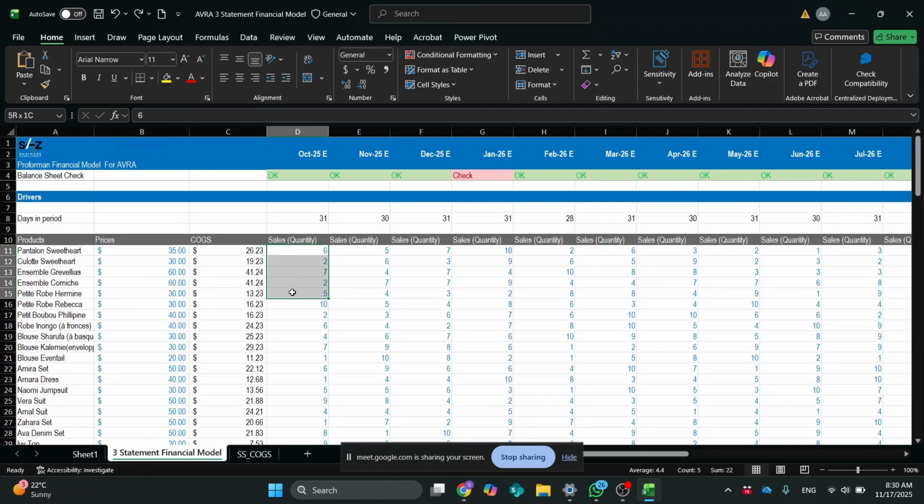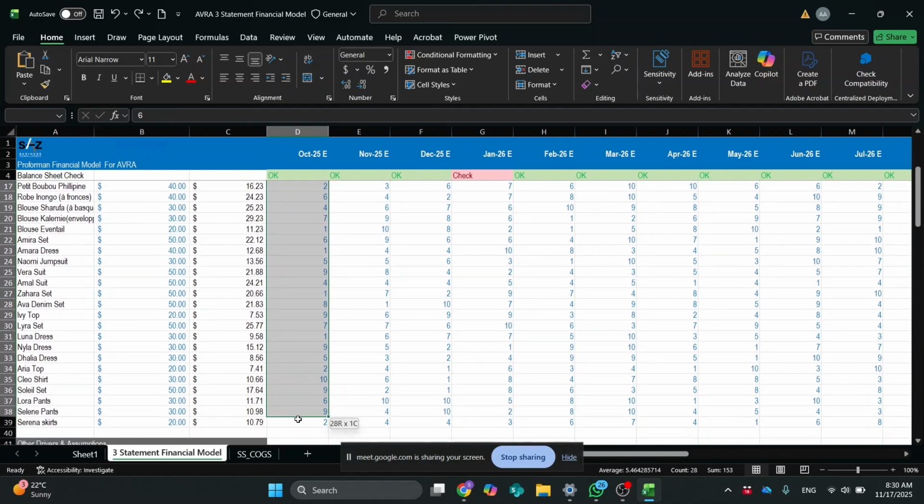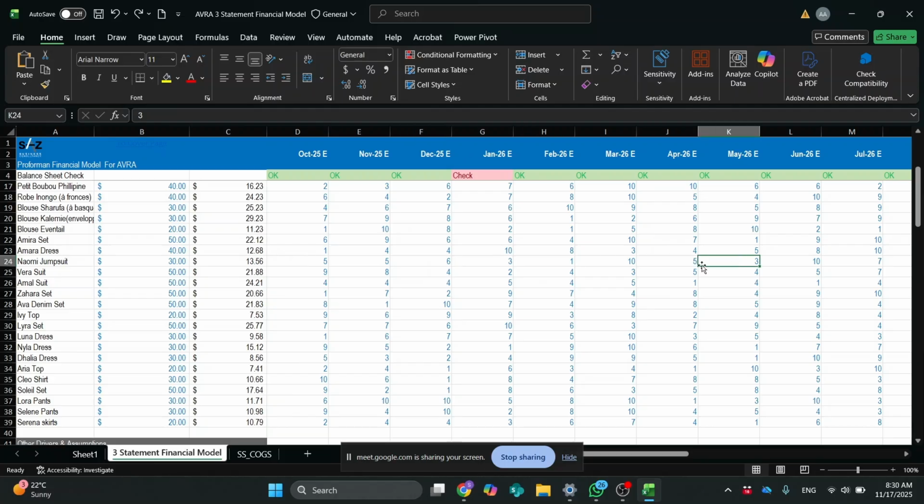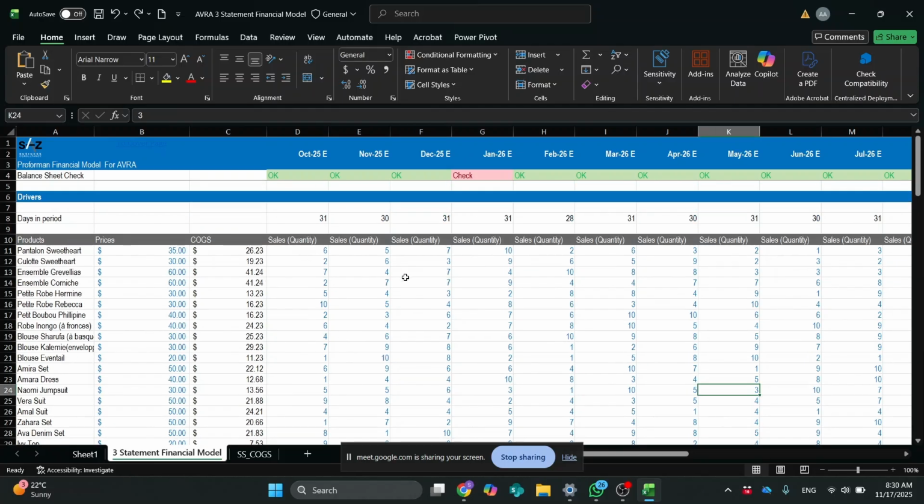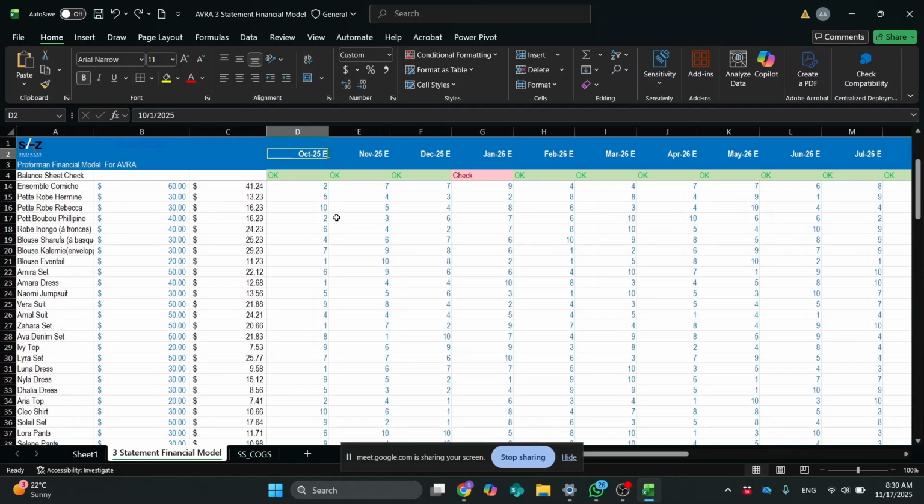Because if we know the actuals here, they will guide us with estimating the rest. Of course, we must have at least 3 months to accurately forecast the next periods, but it will be good to put the actuals in this month and change this to an actual rather than an estimate, and then we can work from there.